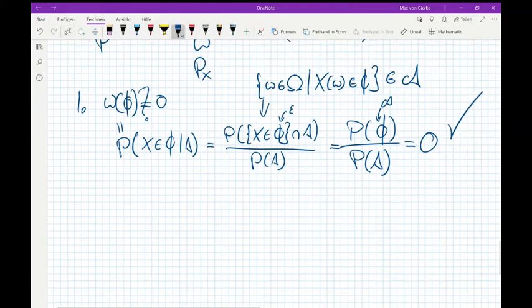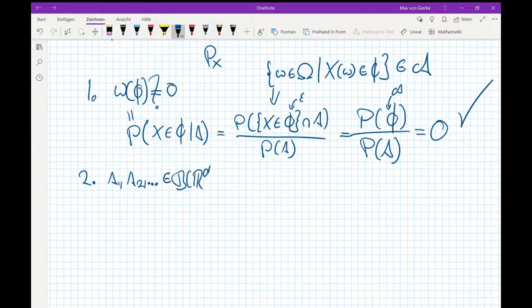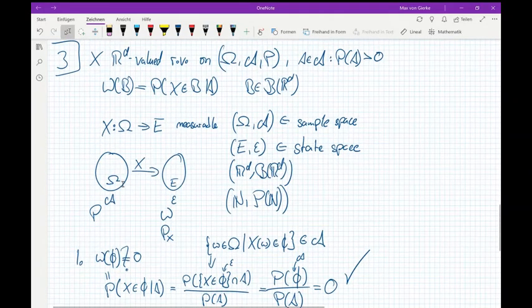Second thing we need to show for W being a measure is sigma additivity. So we take a sequence of pairwise disjoint sets A1, A2, and so on in Borel(R^d). Here, many of you said they are in A, which is not quite right because of the reasons I explained here.